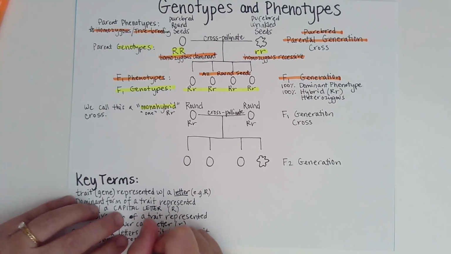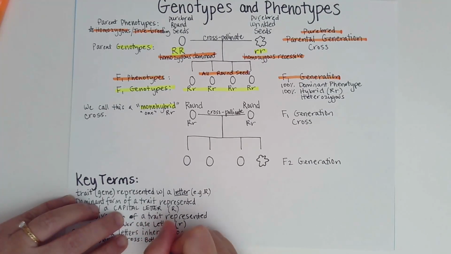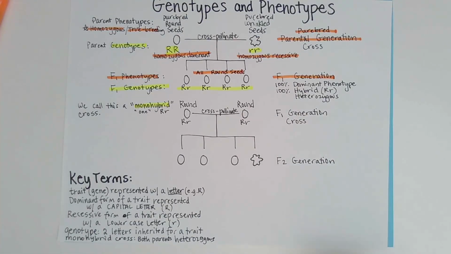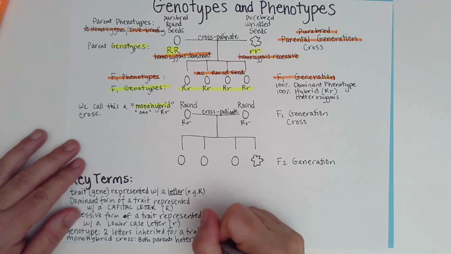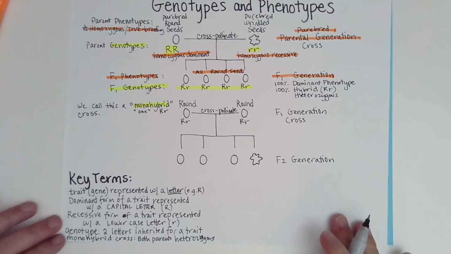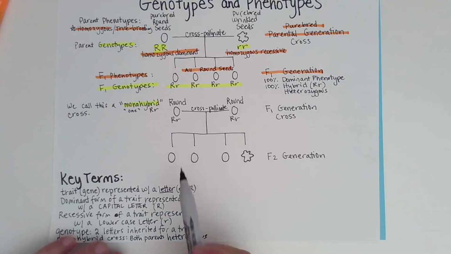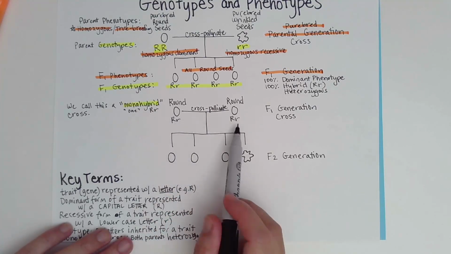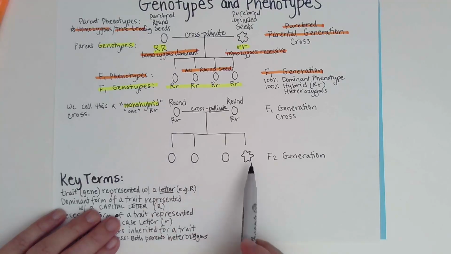And this is when both parents are heterozygous for the trait. This should be a Y. Heterozygous for the trait. So then when these are crossed, these parents that are heterozygous, look at the offspring.